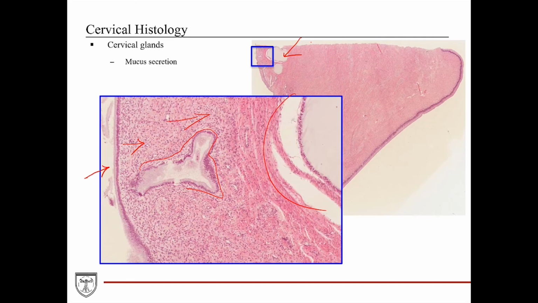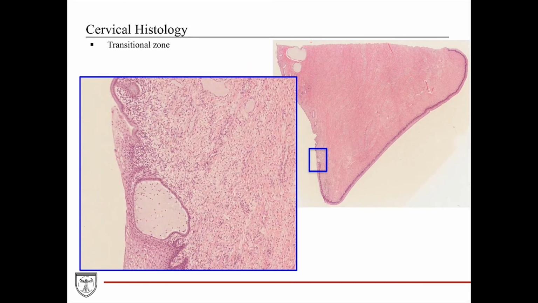And here's a higher magnification image of that transitional zone that is approximately at the area of the external os, where the non-ciliated simple columnar epithelium of the cervical canal transitions almost abruptly to the non-keratinized, stratified, squamous epithelium. And this is an inclusion of the mucus-secreting glands of the cervix.